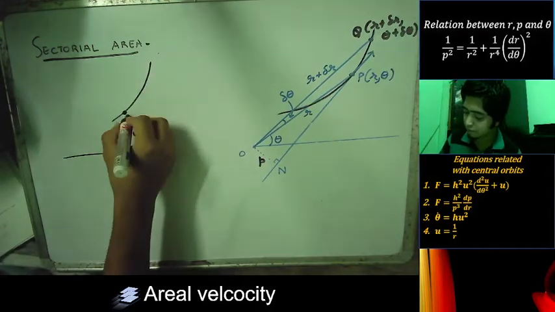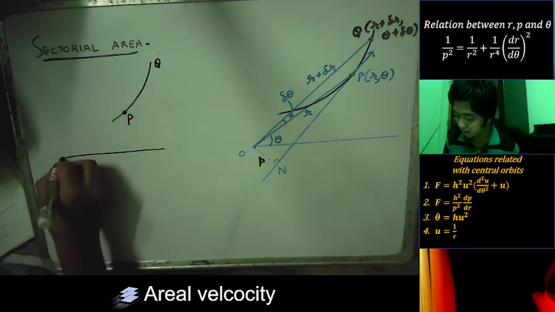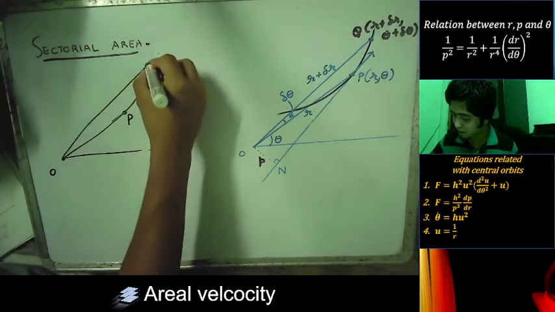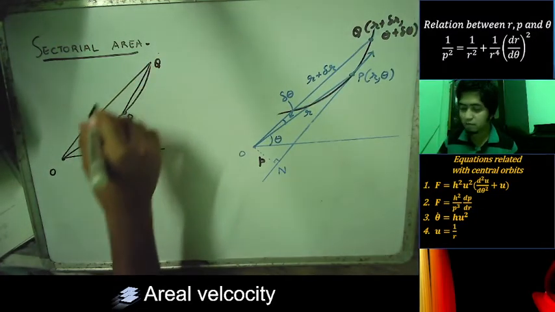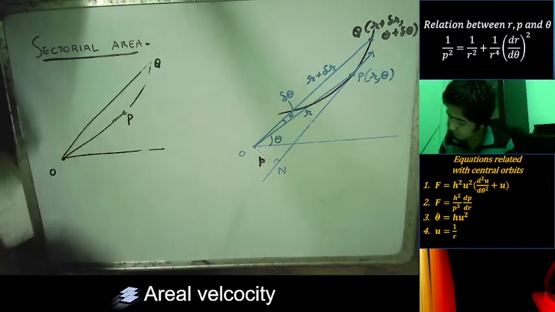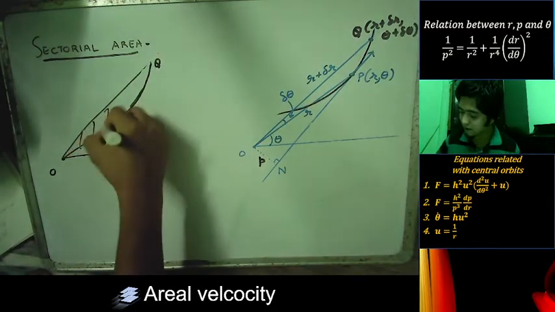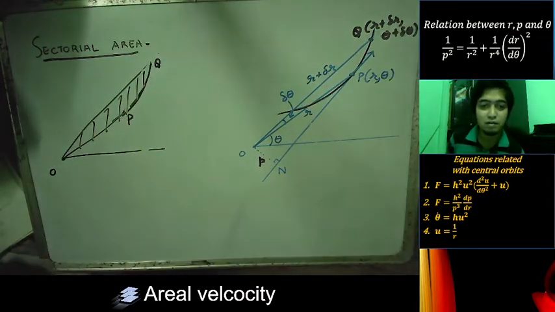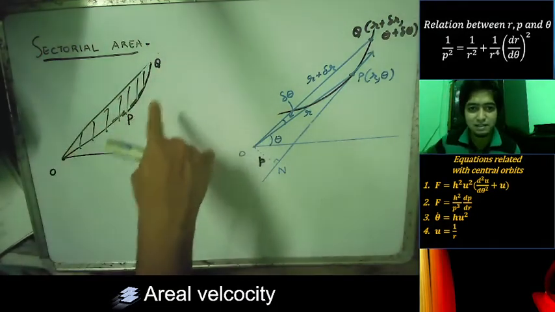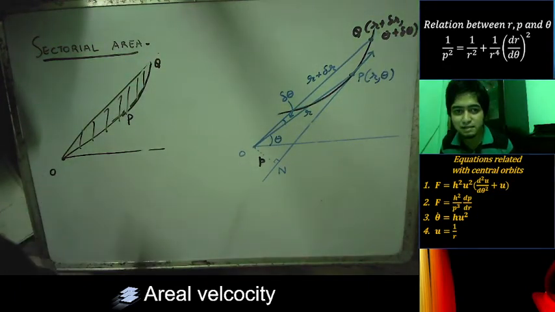Just think of 2 points, P and Q, and this one is the pole O. Then the area OPQ is called the sectorial area. Firstly the particle was at P and then it was at Q. Then this area OPQ is known as the sectorial area.